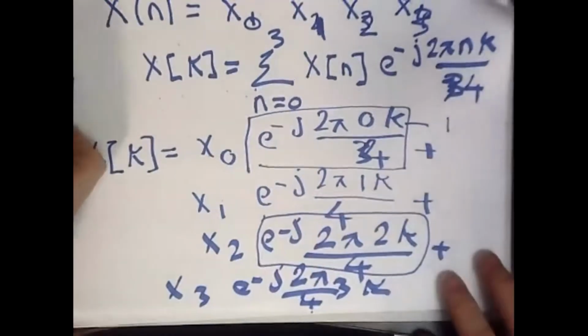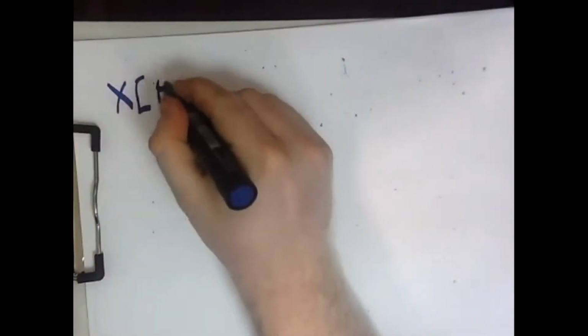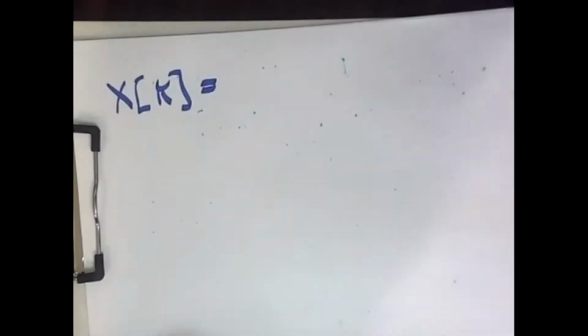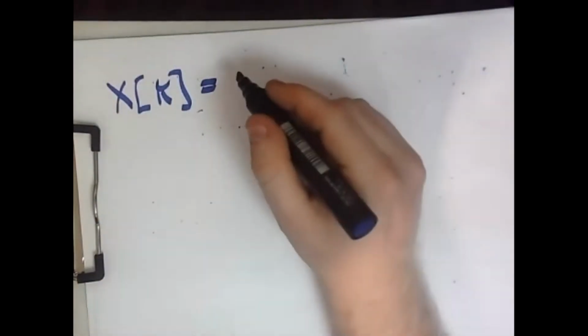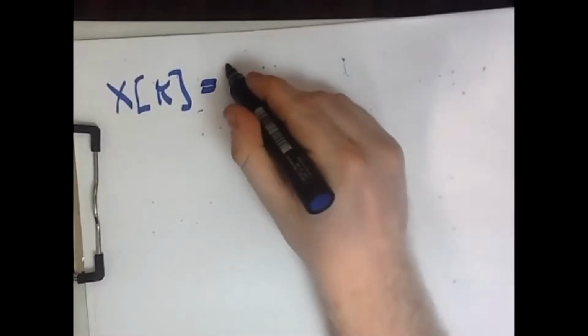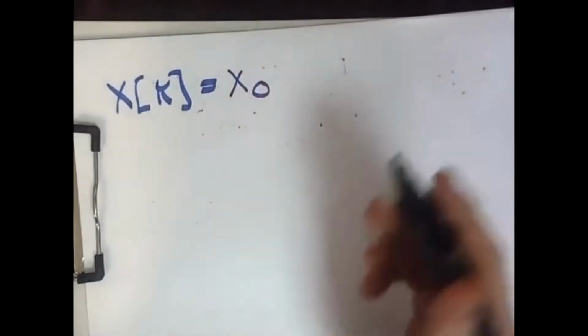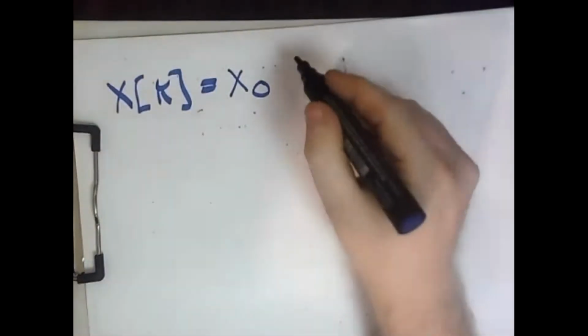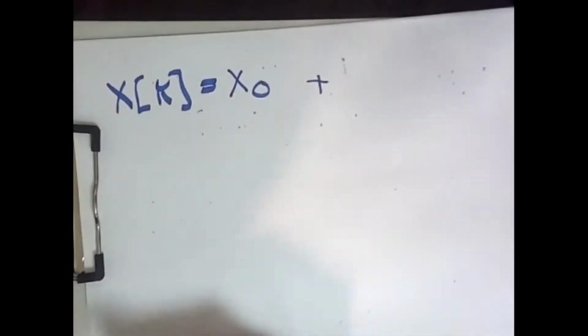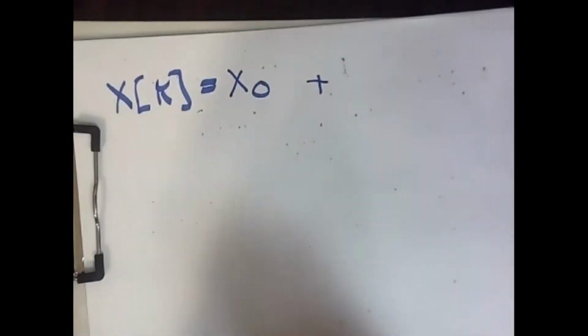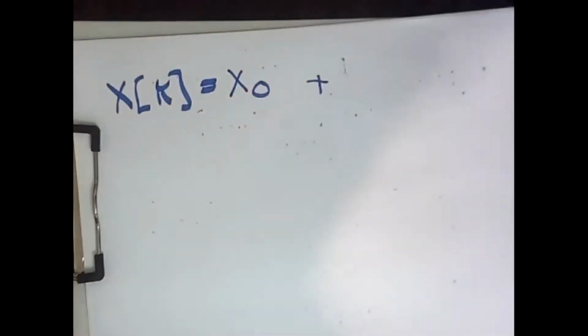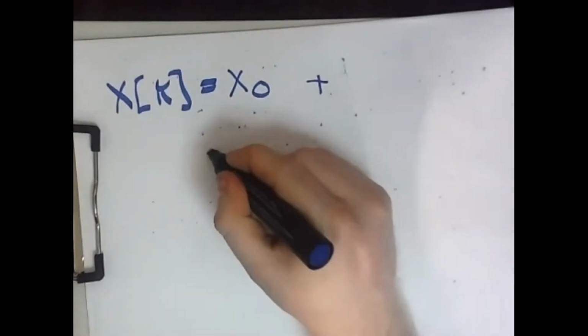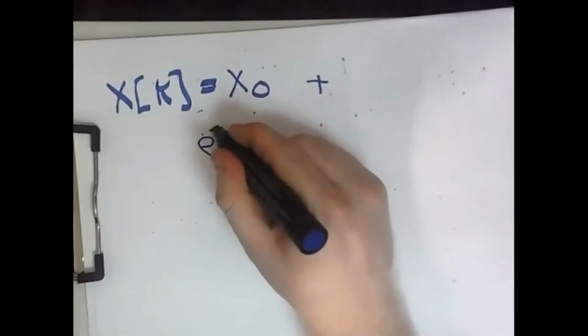Let's see. So x of k equals 2. X of 0 will be multiplied by 1 because it's e power 0, which is 1. Plus, now let's consider e power minus k as a common factor, because we have minus all the way.